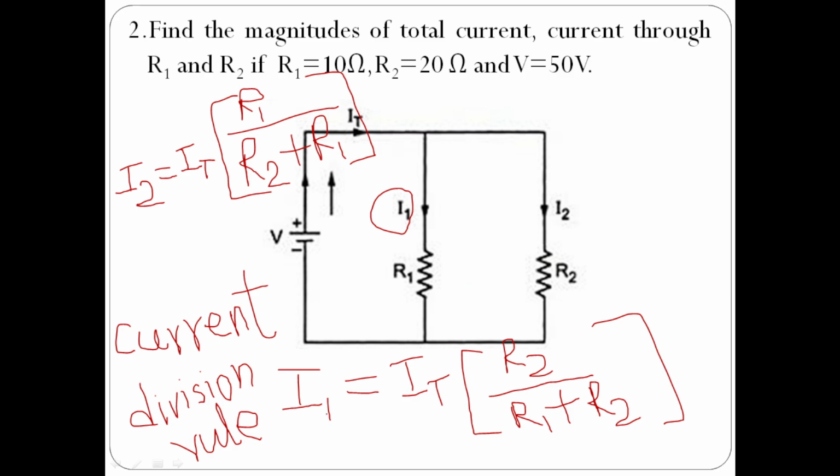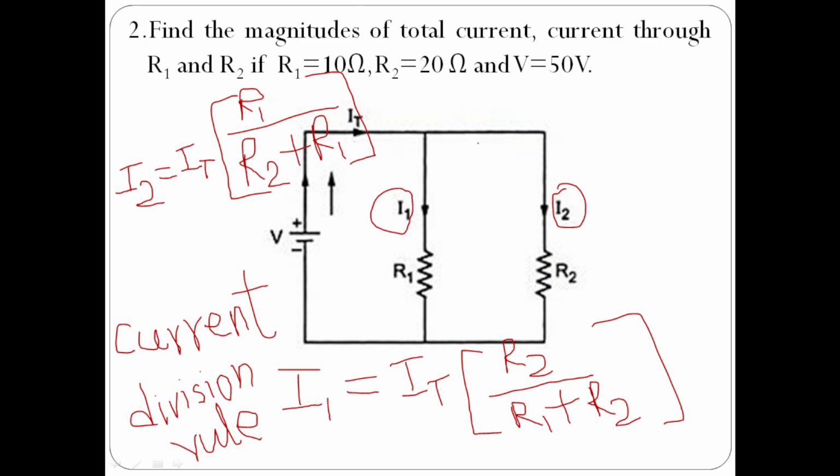Since I1 is the current flowing in R1, the opposite resistance is R2, so R2 by self resistance plus opposite resistance. Similarly, I2 current is equal to total current IT into opposite resistance. I2 is flowing in R2, so opposite to R2 is R1, R1 divided by self resistance plus opposite resistance.